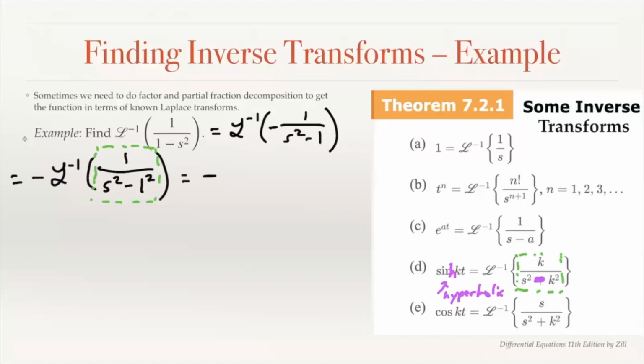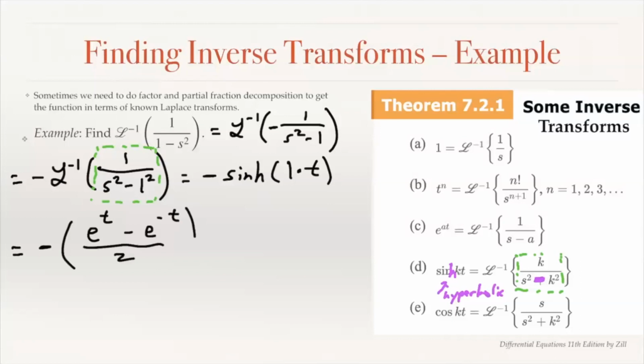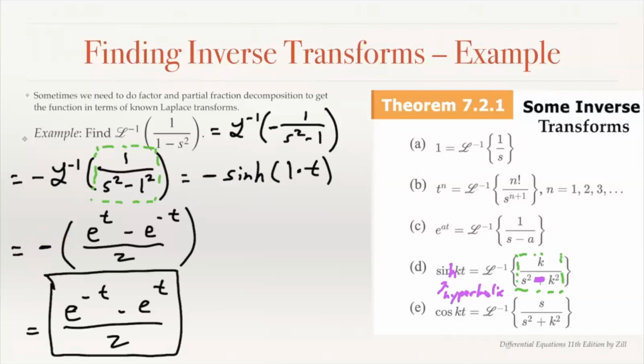So this is simply negative hyperbolic sine of 1 times t. And hyperbolic sine, remember, that is e to the t minus e to the negative t all over 2, which is e to the negative t minus e to the t over 2, distributing that minus sign. And that is the same answer we got via the partial fraction decomposition.